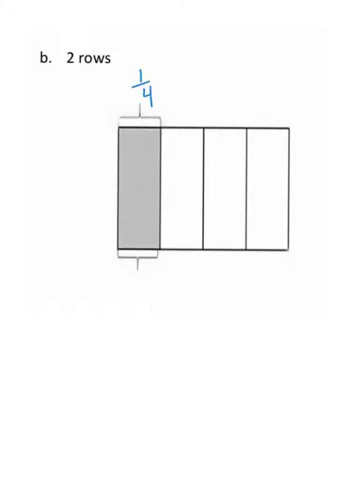Okay, but now if we add in the 2 rows, it means we're going to draw just 1 line, because we're going to make 2 rows. It now changes things, and now what we have is a unit fraction of 1/8. Whoops, 2/8, because we have 2 that are shaded in, and it's out of 8.